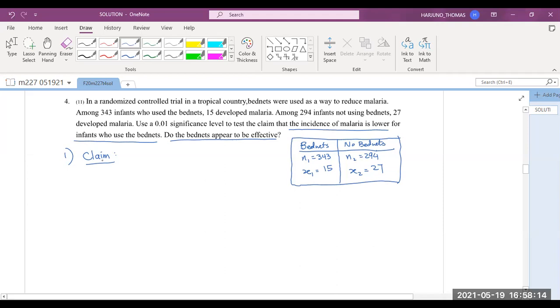Okay, let me use the one that says to test whether the incidence of malaria is lower for infants who use bed nets.